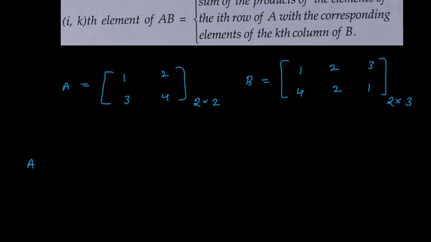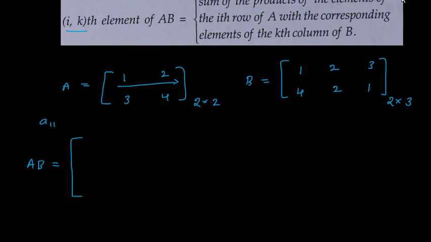So I will write A into B is equal to, now here the formula is the i, kth element. Now here I am talking about A11, the first element. So the value of i is 1, the value of k is 1. So it is the sum of products of elements of the ith row of A. The ith row means the first row of A. So I have to use this first row of A with the corresponding elements of the kth column.